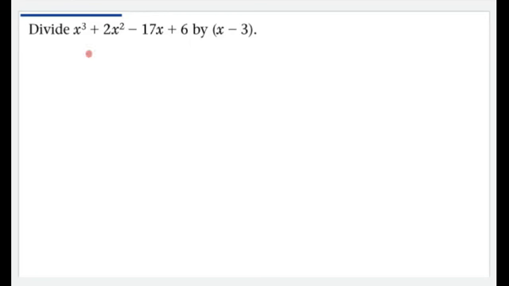So this is where the long division comes into play. And we set it up like this. So we have x minus 3 out here, just like bus stop method, or the initial setup anyway. And we have here x cubed plus 2x squared minus 17x plus 6.